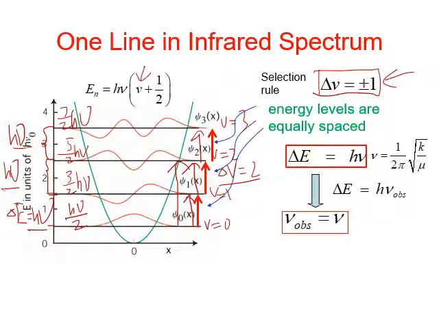So in order to absorb light, this energy difference has to equal the energy of the photon. The photon energy is h times nu, the absorption photon frequency.